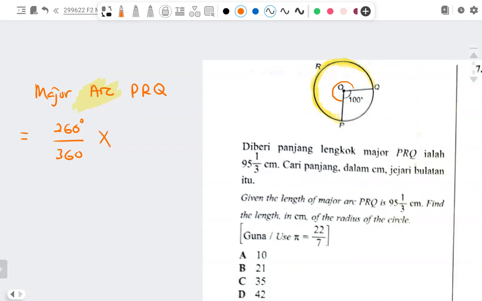260, part of the circumference. The formula to find circumference is 2 times pi, right here use pi equal to 22/7, times radius.